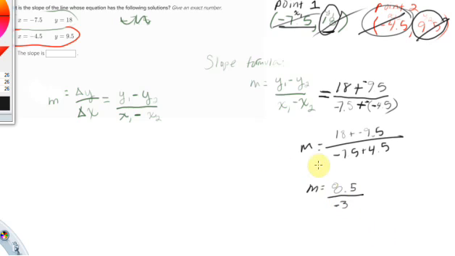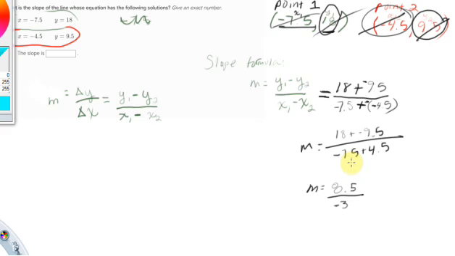Now, if you were to type this into Khan Academy, it would tell you that it doesn't accept this format or would give you some error message. The reason is that right here we have a decimal in a fraction, and we don't want that.